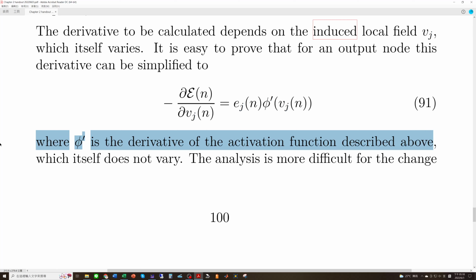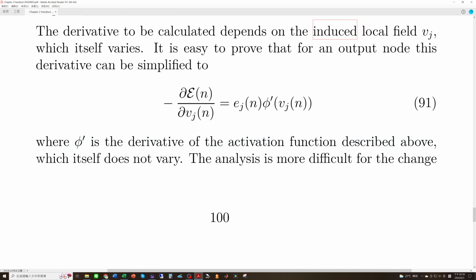So phi is the activation function, which itself does not vary, because the activation function is a function that we choose, so it will not change.